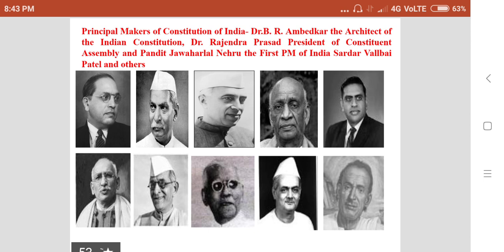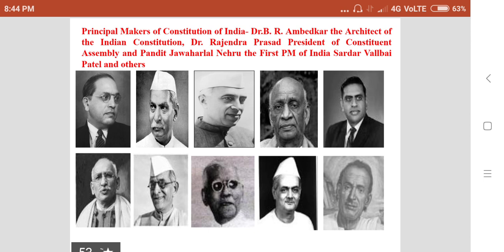And many people also sacrificed their life and worked day and night in the framing of the constitution, especially Dr. B.R. Ambedkar, Rajendra Prasad, Sardar Vallabhbhai Patel, Jawaharlal Nehru, and many others worked hard and framed a beautiful constitution for independent India.